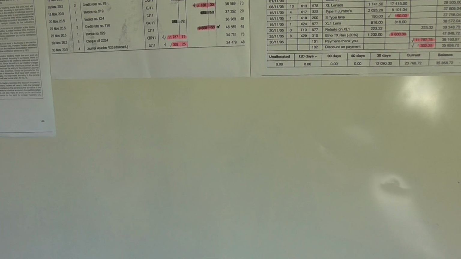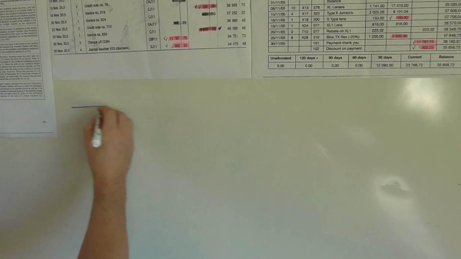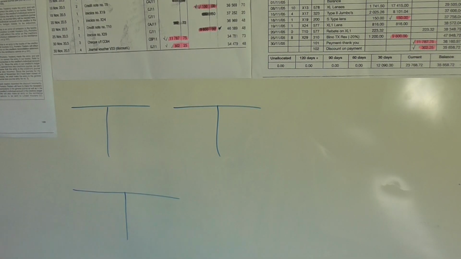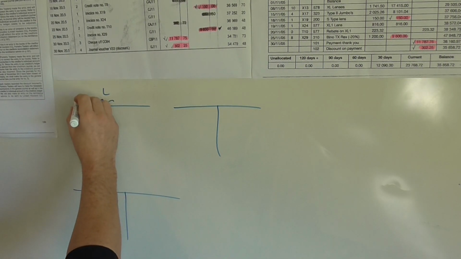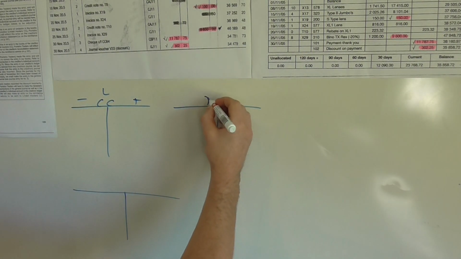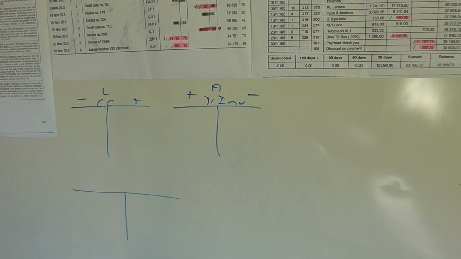All right, so let's go have a look. First of all, let's see what the transaction originally looked like. The entry we did looked as follows. We had creditors control, which is a liability, minus plus. Then we had trading inventory, which is an asset, plus minus.